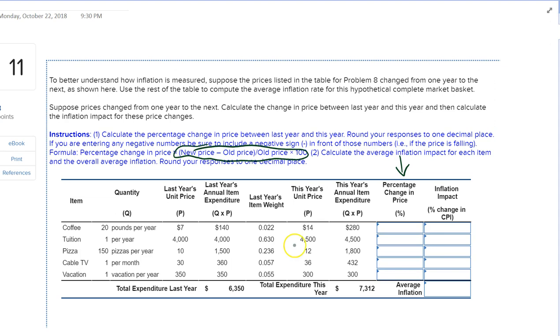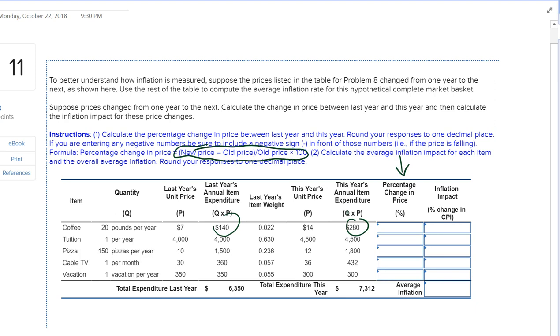So right here we can start a number. We'll just do a little bit of it. But for coffee, the percentage change in price from last year to this year. So this one we can do the calculation new minus old over old. In this case, we can see it with our eyeballs without doing any math.